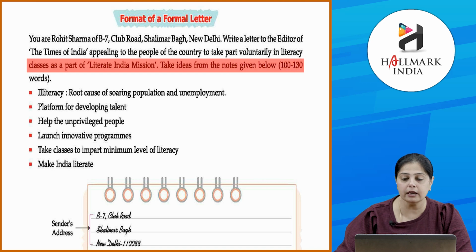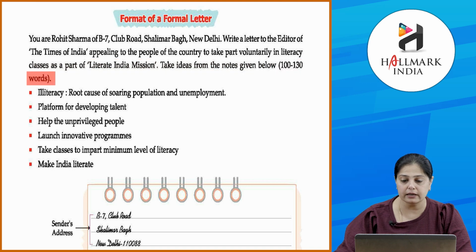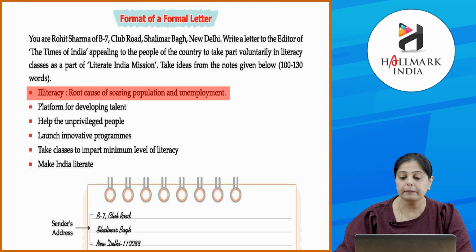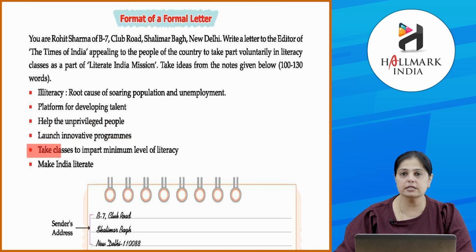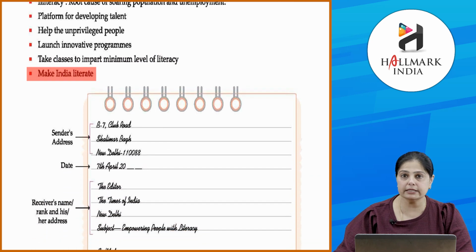100 to 130 words. So यहाँ पे specify किया. Notes है illiteracy, root cause of soaring population and unemployment, platform for developing talent, help the unprivileged people, launch innovative programs, take classes to impart minimum level of literacy, make India literate. Okay, see how the letter is written.